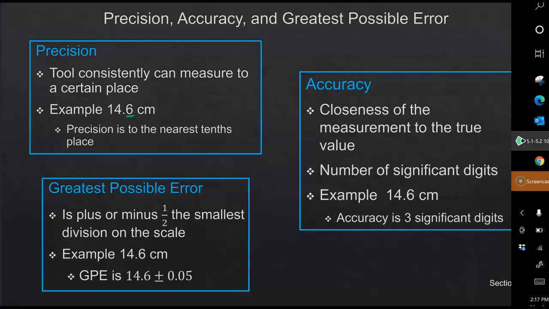And then let's look at the greatest possible error, because we're looking at the fact that this goes to the tenths place. We're going to take half of that to determine how far off we might be, and that's plus or minus 0.05 because it's the tenths place. So if I take 0.1 and I divide it by 2, I get 0.05.